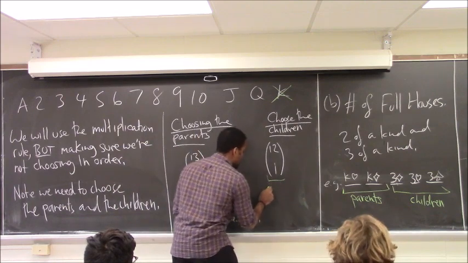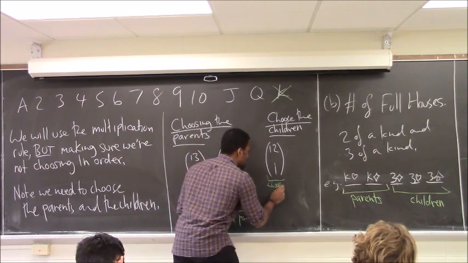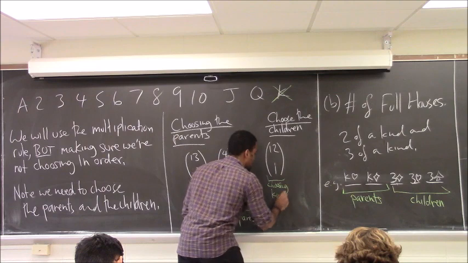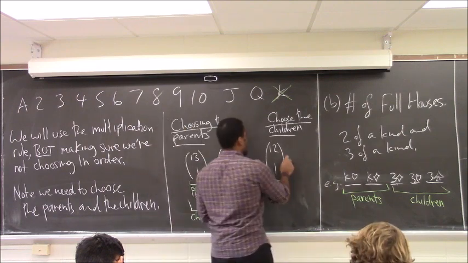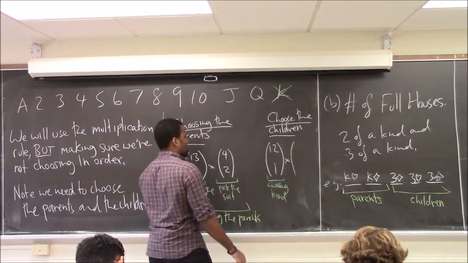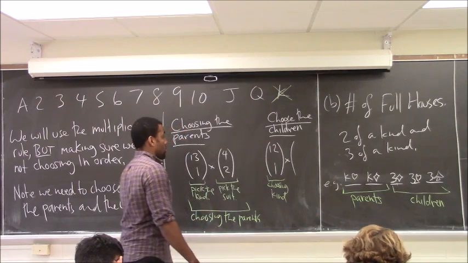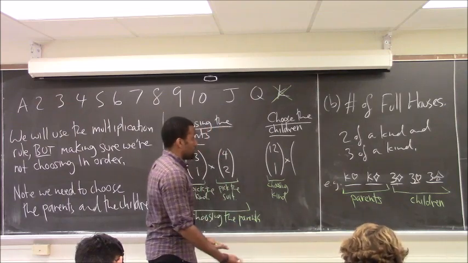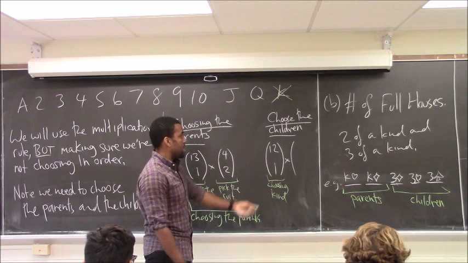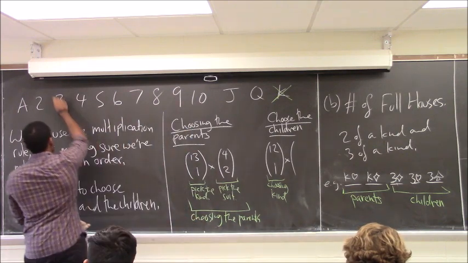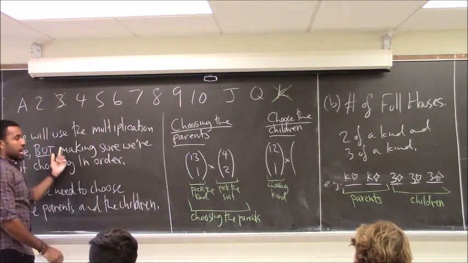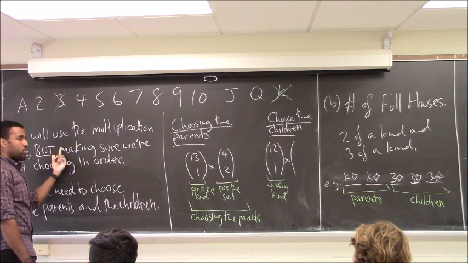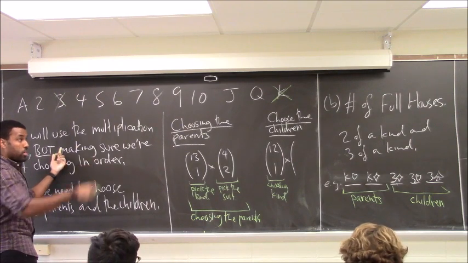So here I'm choosing the kind. Then picking the suit is the same way, except there are 3. You can choose 3, so 4 choose 3. Now again, there'll be 4 possibilities that once I choose the kind, let's say for example I pick a 3, there are 4 suits of 3s. I want 3 of the suits.